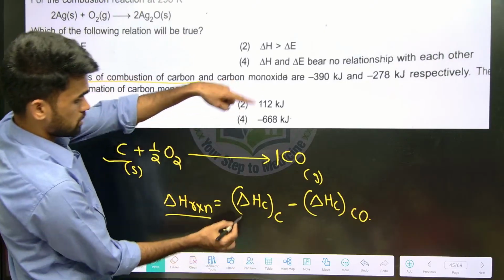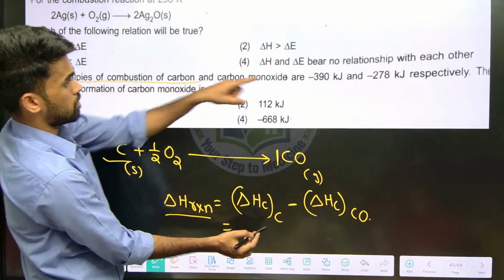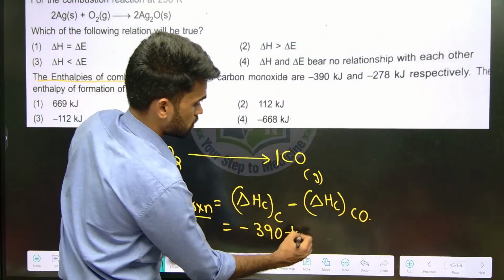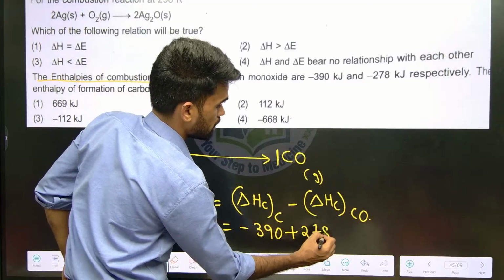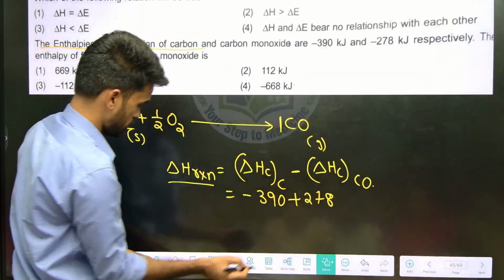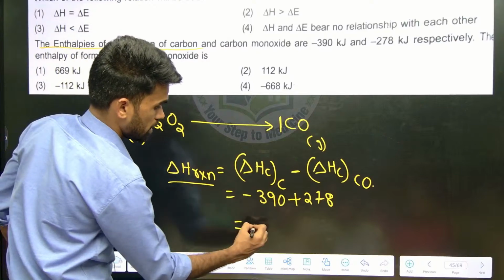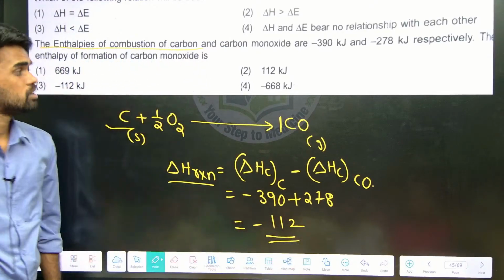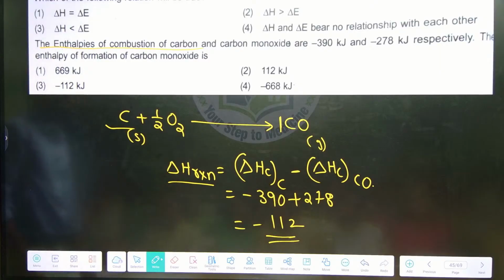How much is carbon? Minus 390. This is minus of minus plus 278. So upon simplifying, minus 112. So which is our answer? Option 3. Is this clear how we are doing?